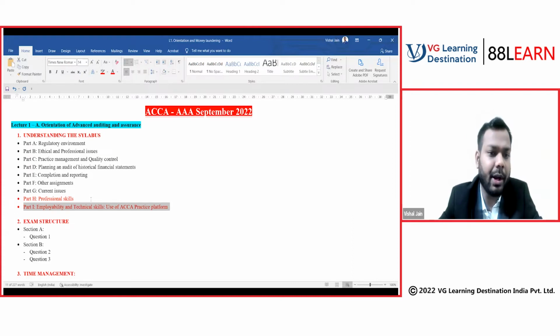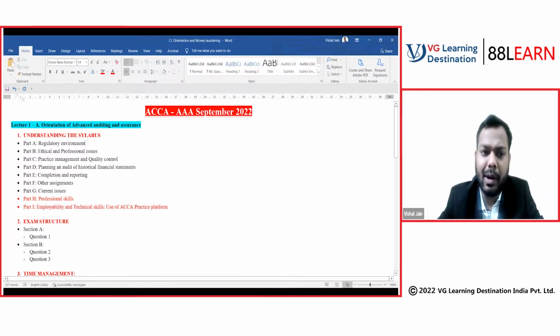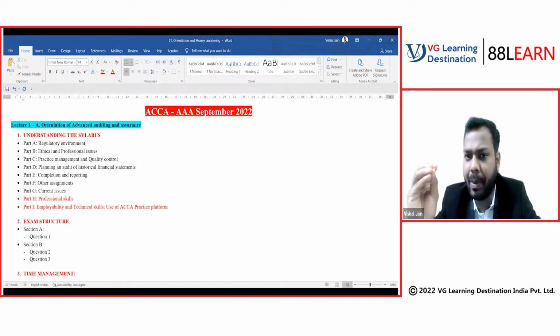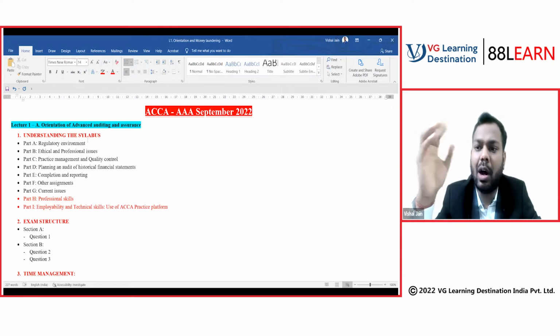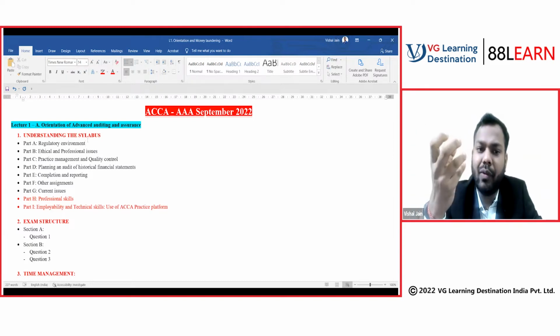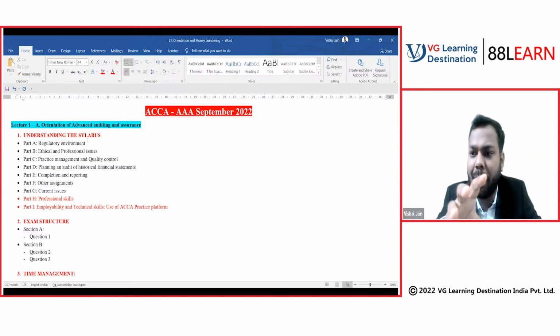Now, let me give a brief introduction about the whole syllabus. Regulatory environment. In this part of the syllabus, we'll be discussing multiple small topics which deal with the regulatory environments which the audit firm has to deal with.